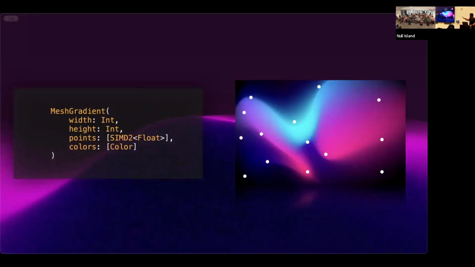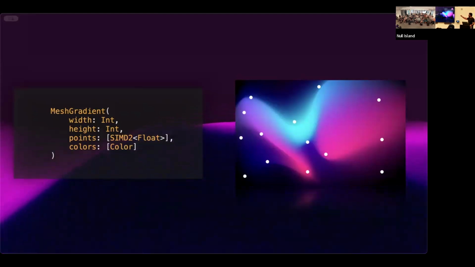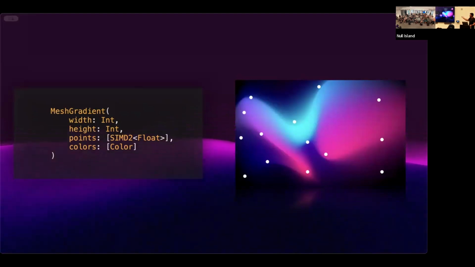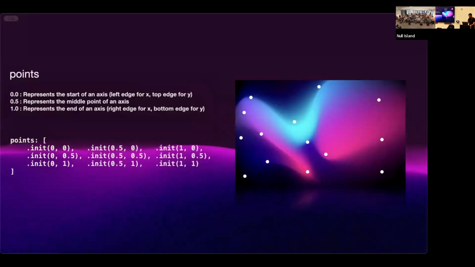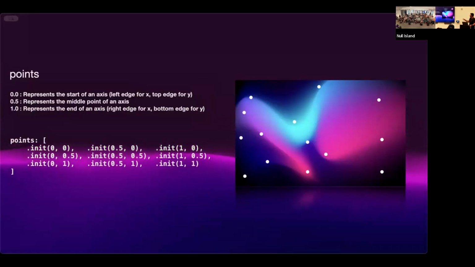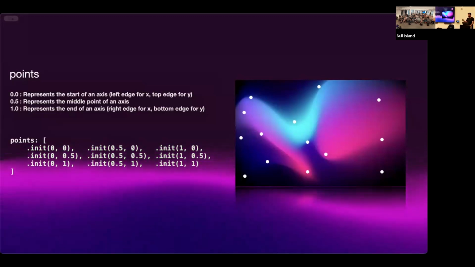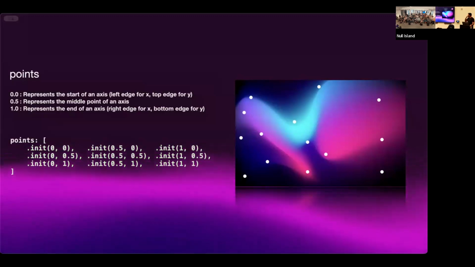I put this easy picture together. Think of each color as a point in this image. As you push and pull these color positions, the mesh gradient creates a fluid flow. I'd like to talk about the points param specifically, because it was a little hard to understand, especially if you've used CGPoints.